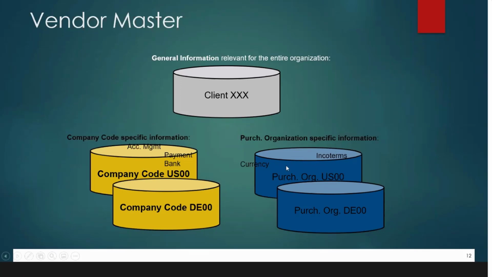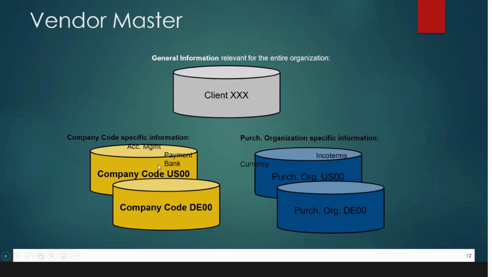For example, if the vendor deals with the purchase organization US00, I put this information, I put this currency, and this is in USA. If he's dealing with the purchase organization DE00, this means Germany, I will put other information about the vendor. This means different currency and so on.